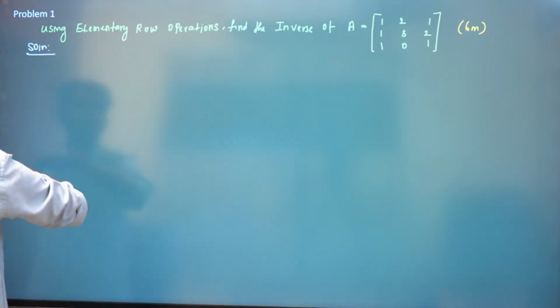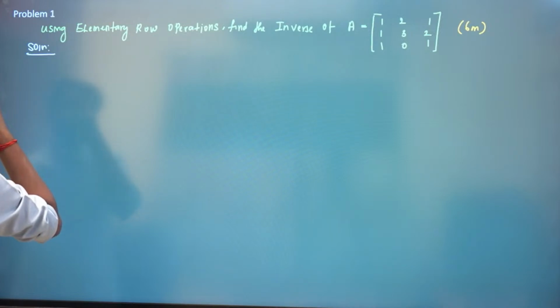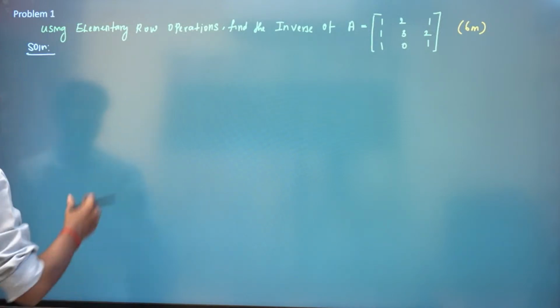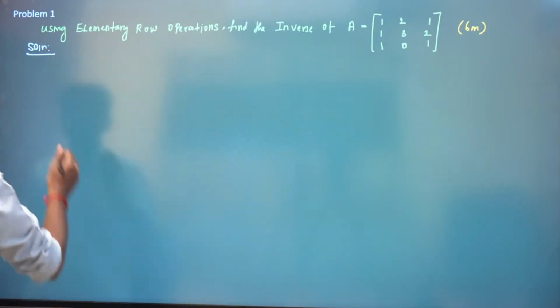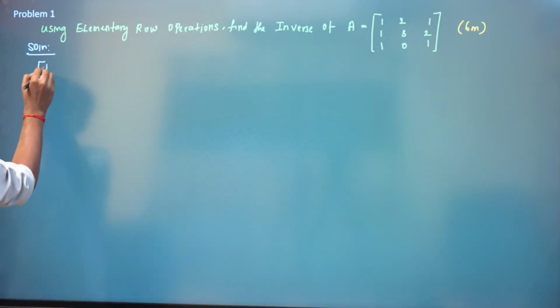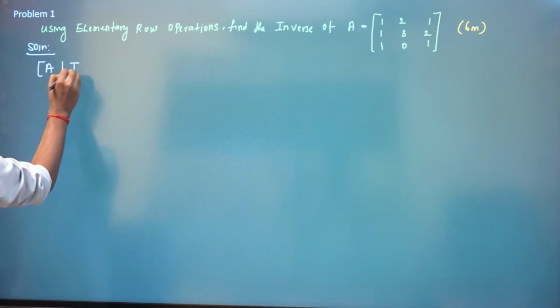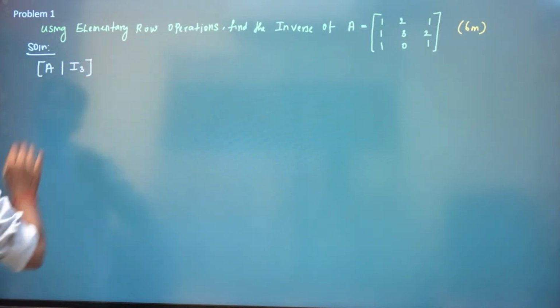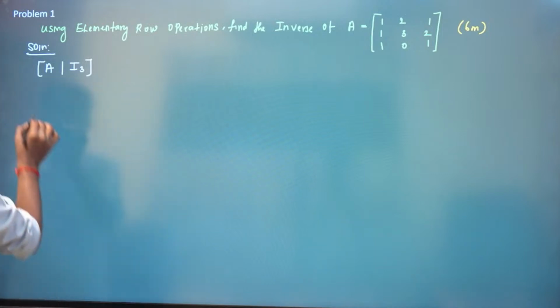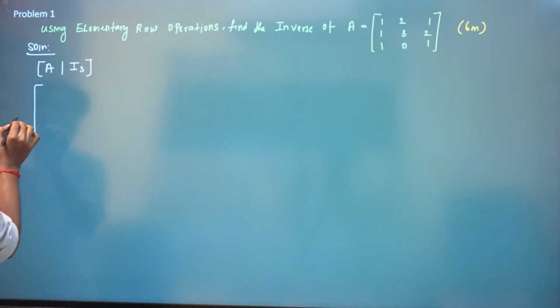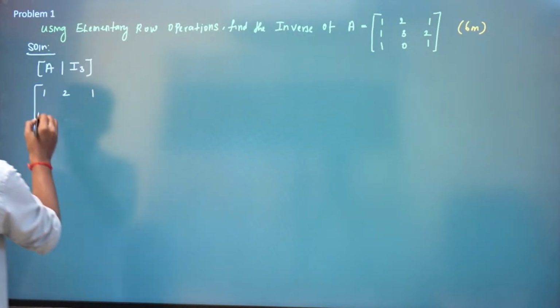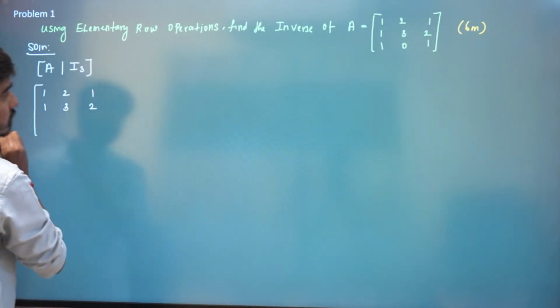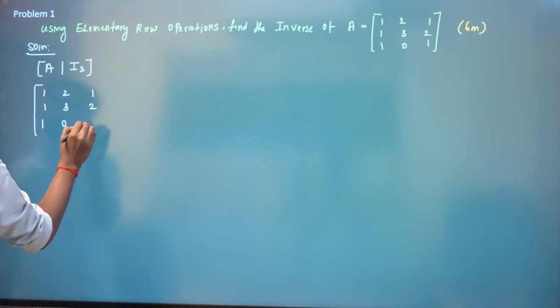Okay. So what does the Gauss-Jordan method say? It says, if you want to find the inverse of the matrix by elementary row operation, you do the following. The first thing is you write the matrix A with the identity matrix of order 3, because A is a 3 cross 3 matrix here. So A is 1 2 1, 1 3 2, 1 0 1.